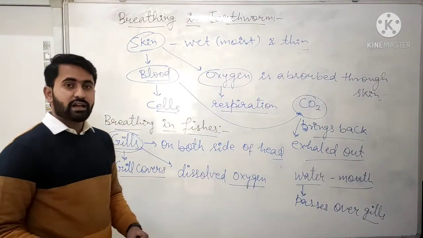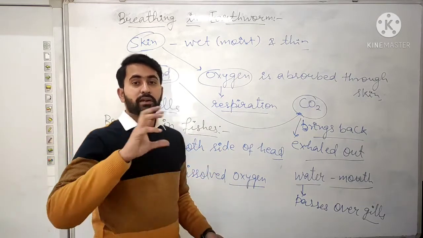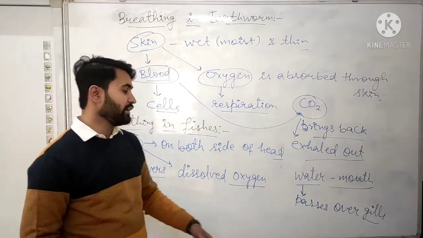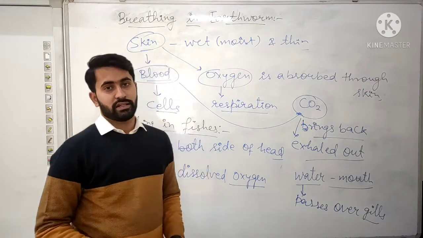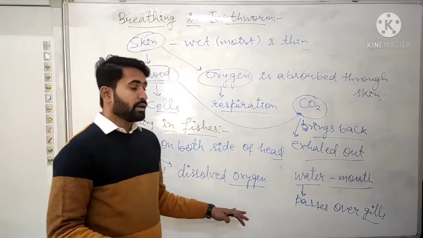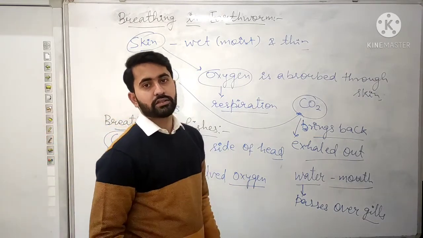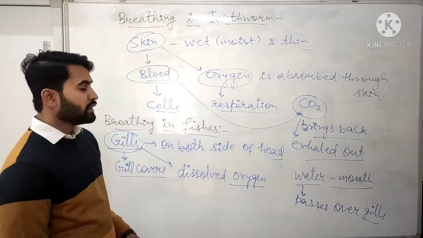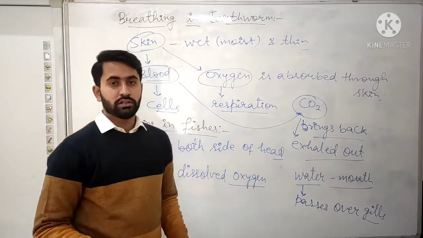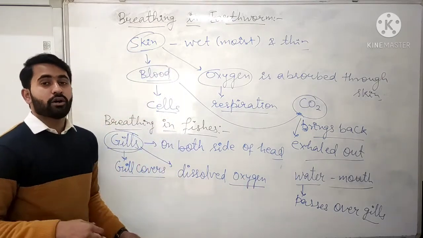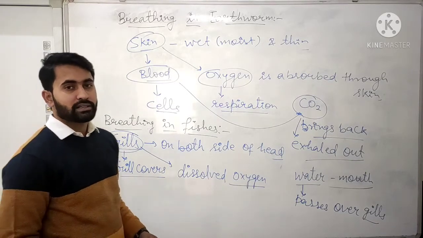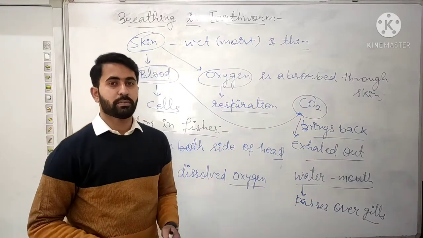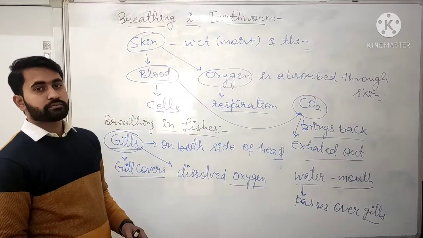Now the gills have many blood vessels in them. The blood present in the gills absorbs the oxygen from the water, and then this oxygen is carried by the blood to the various parts of the body.